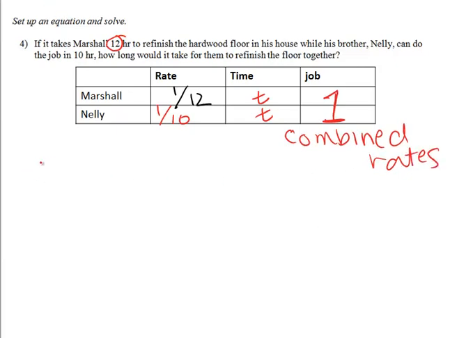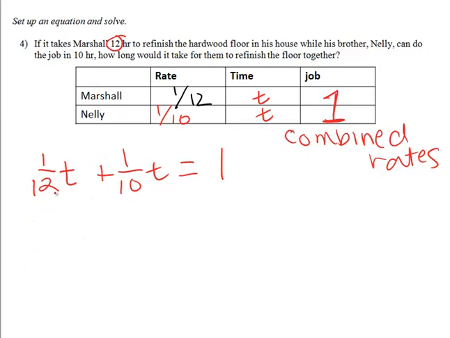Person number 1 works 1/12 times T, and person number 2 works 1/10 times T. And together, working together, they'll finish one job. Again, we're looking for common denominators.